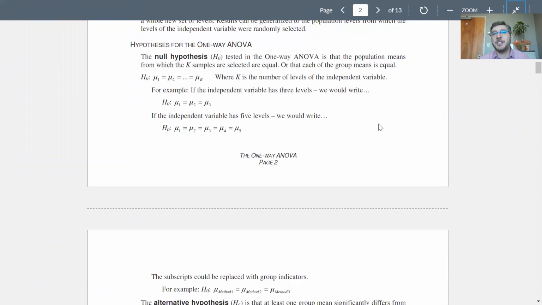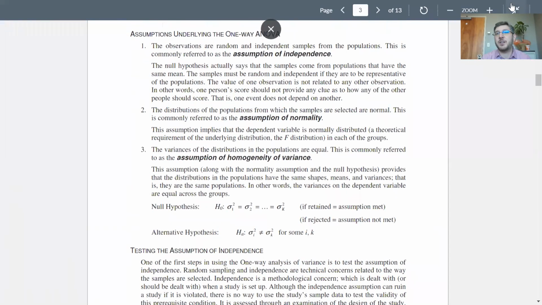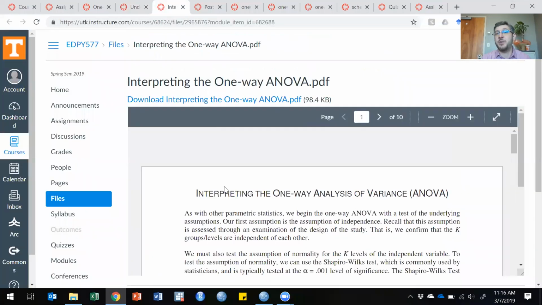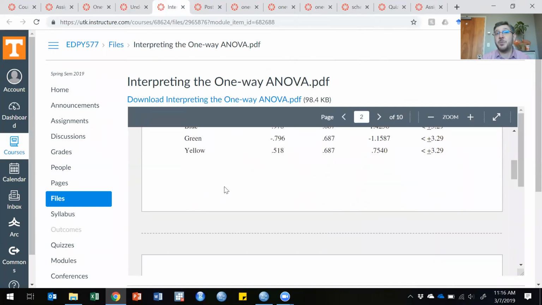One of the things, if you violate the assumption of homogeneity of variance, remember in the t-test we would use what was basically Welch's t-test and make an adjustment to the degrees of freedom. The same idea is available in ANOVA, and he discusses that in a little more detail in this document. Here's another one where they go through another example by hand, and then interpret the actual results.